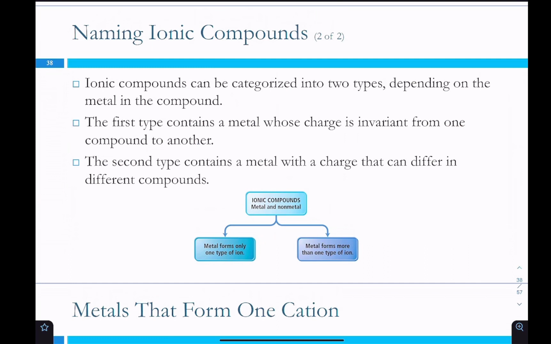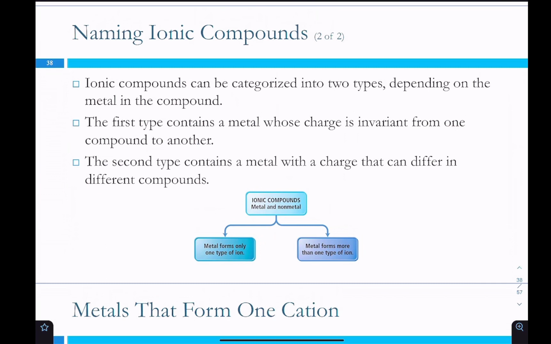If we're looking at positive charges, column 1A, column 1B, scandium is always a 3 plus, and then aluminum, gallium, indium, zinc, cadmium, and silver are all also consistent charges. Aluminum, gallium, indium are 3 plus, zinc and cadmium are 2 plus, silver is 1 plus. So there's really only 7 that you have to memorize outside of groups 1A and 2A.